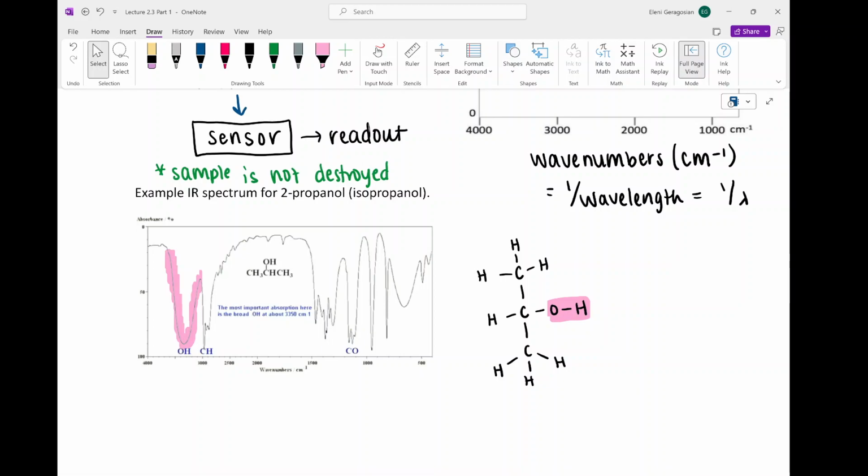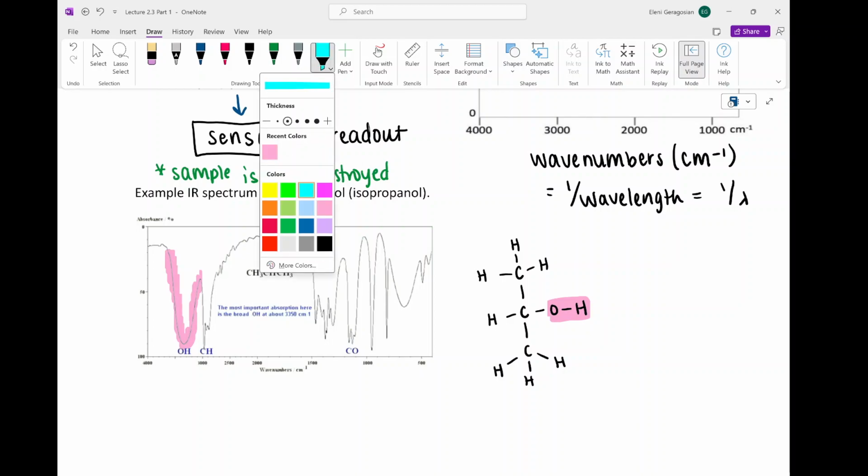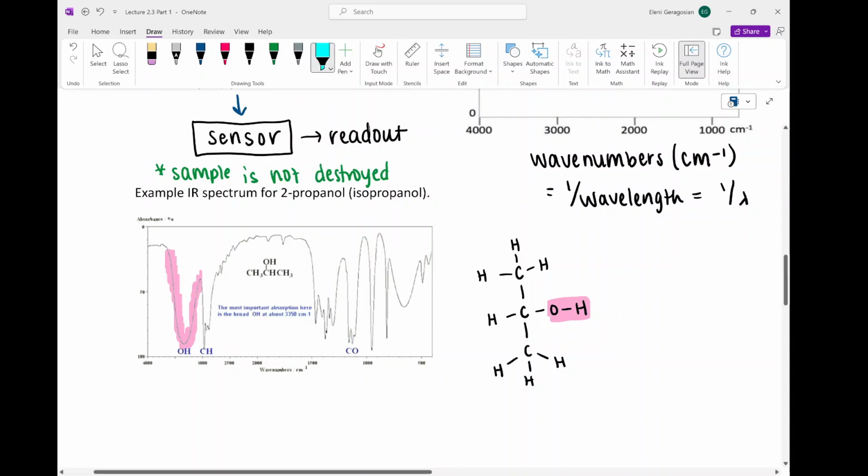Now, as I'm talking, I'm noticing that the y-axis here has a different label, and it's essentially the opposite of transmittance. They say percent absorbance. I apologize if this is confusing. I think you'll mostly see transmittance. But notice that the top is 0.